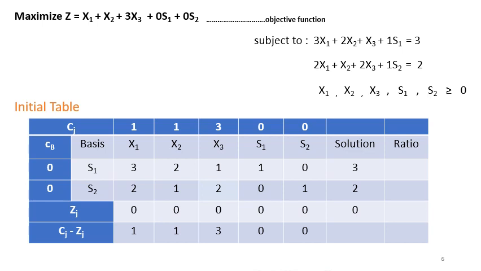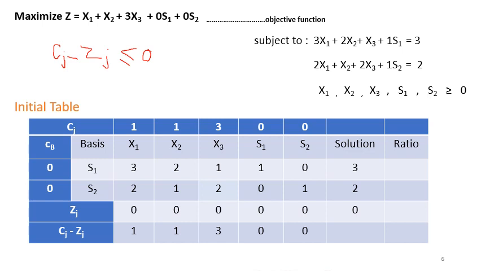And the condition for optimality is, if all Cj minus Zj values are less than or equal to 0, then we say optimality is reached. For a maximization problem, if all Cj minus Zj values are less than or equal to 0, then optimality is reached.